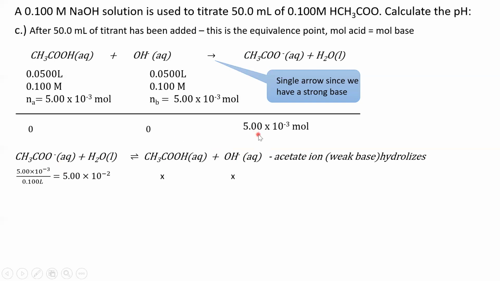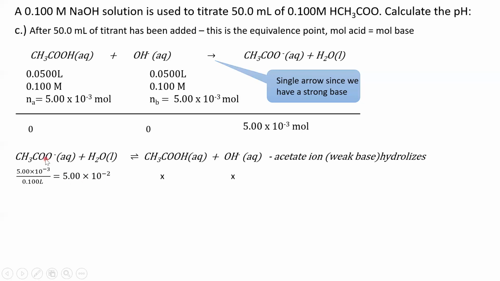We've got 5.00 times 10 to the minus 3 moles of acetate ion. We had 50 milliliters of acid mixed with 50 milliliters of base. So we have 100 milliliters or 0.100 liters. So the molarity of our base is 5.00 times 10 to the minus 2.